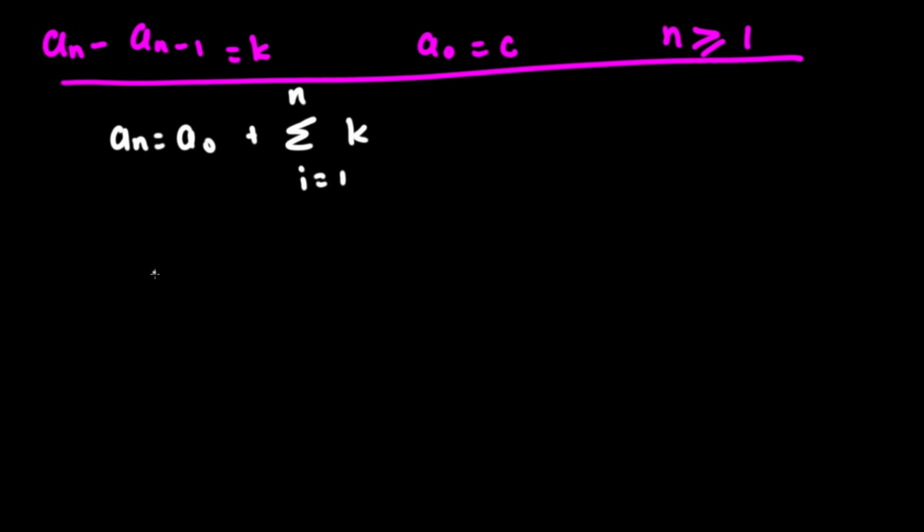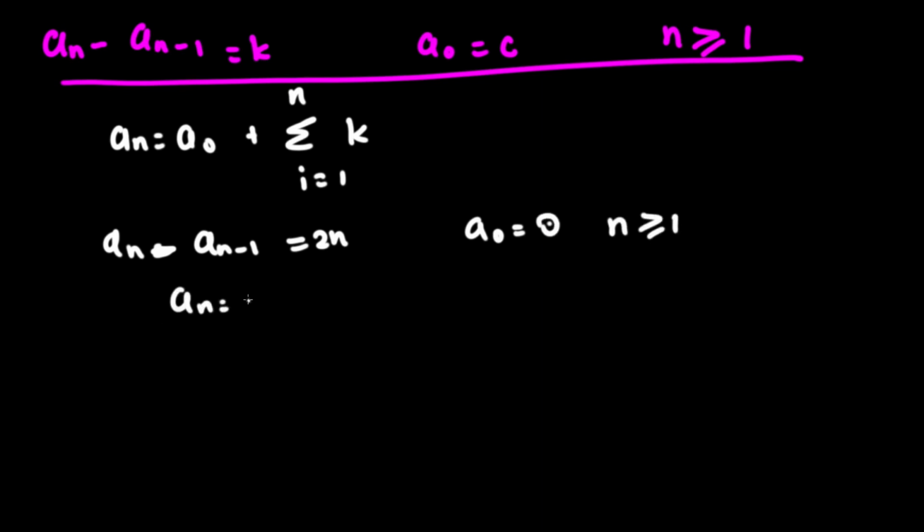And this one we can also write as an minus an minus 1 is equal to 2n, and the initial one a0 is equal to 0, and n is greater than or equal to 1, and an is going to be equal to 0 plus summation of i starting from 1 to n of 2, and then simply we can write this one as 2 times sigma i starting from 1 to n of i.